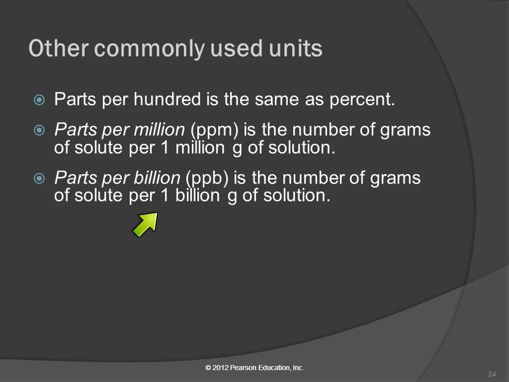And parts per billion is grams solute per 1 billion grams of solution. These are used for very, very small concentrations. If you look at the annual report you get from the city specifying all the contaminants in the water, you'll see a lot of parts per million and parts per billion units, because there's stuff in the tap water, but very, very little.